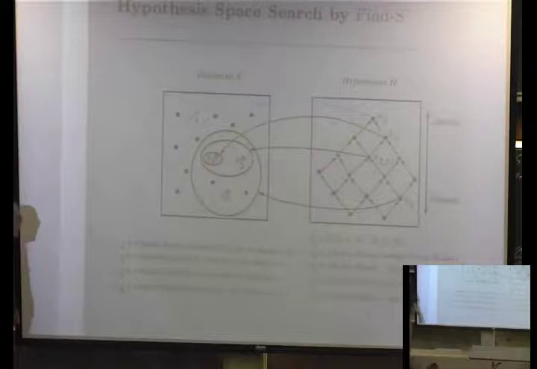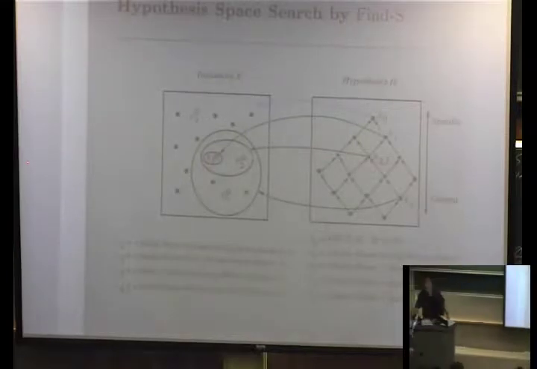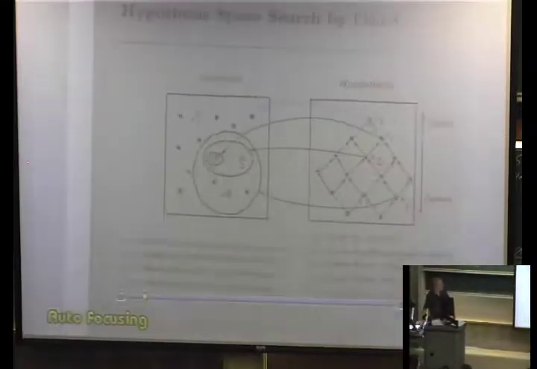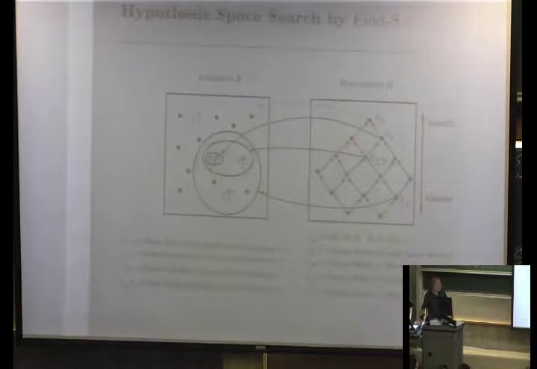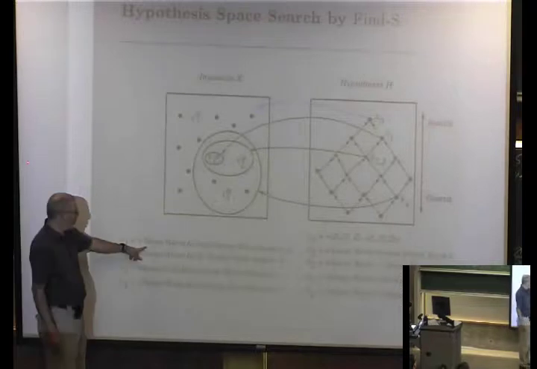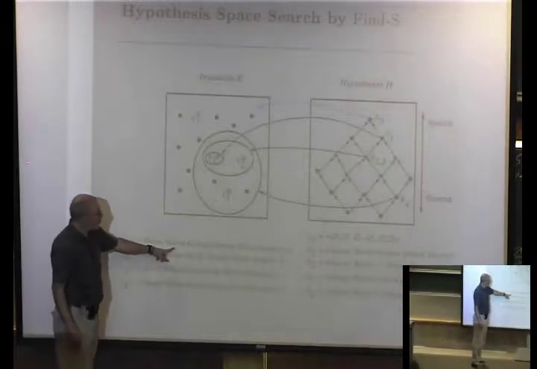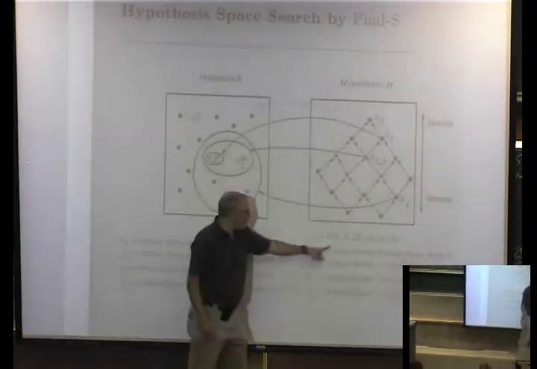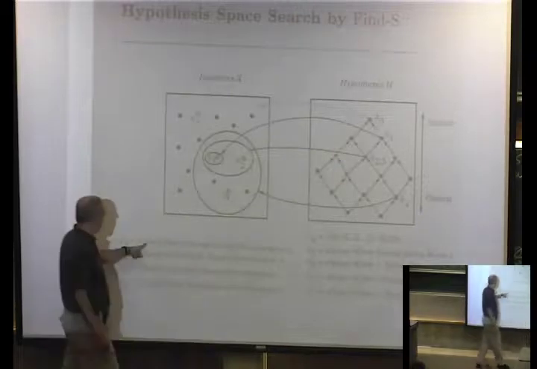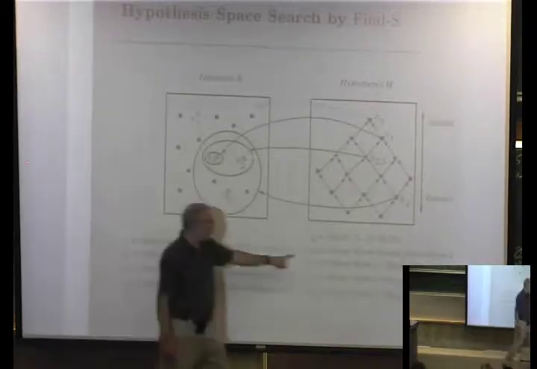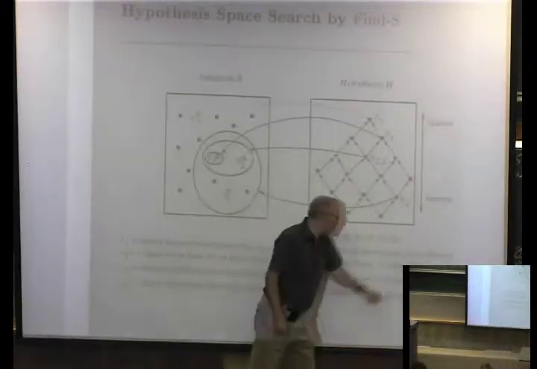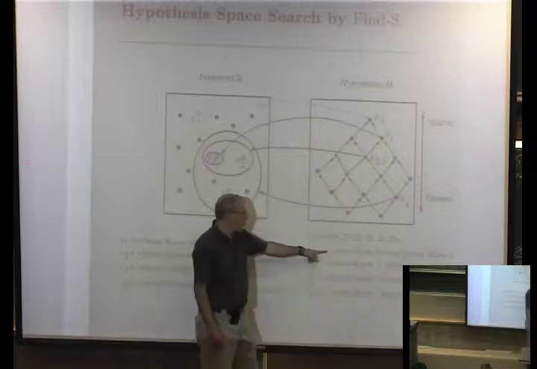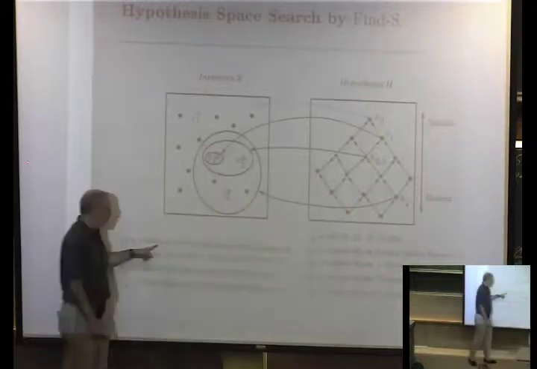We're then exposed to the first positive training example, which forces us to convert all of these null symbols to the specific values here: sunny, warm, normal, strong, warm, same. Notice there's a difference between this row and this row.